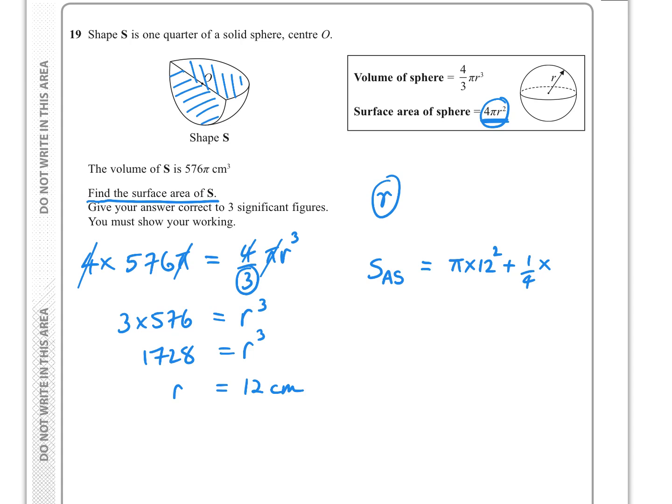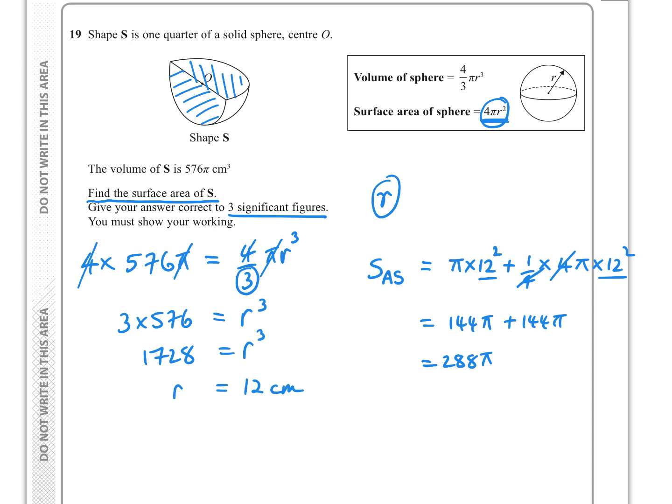And I've missed out one thing, so just put this in properly. So it's 1/4 of 4 pi times 12 squared. So I know that these quarters will cancel here. So I know 12 squared is 144 pi, if you don't, use your calculator, plus another 144 pi. So that's 288 pi, but it wants the answer to 3 significant figures.